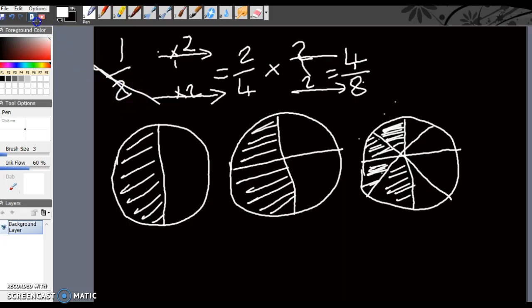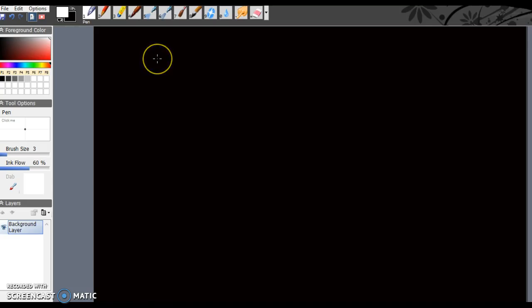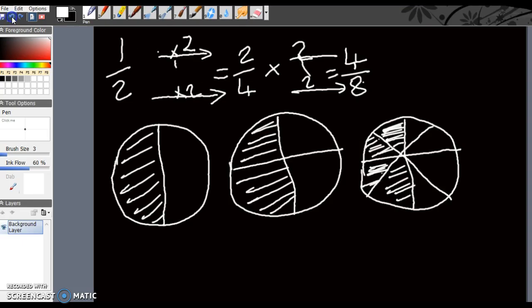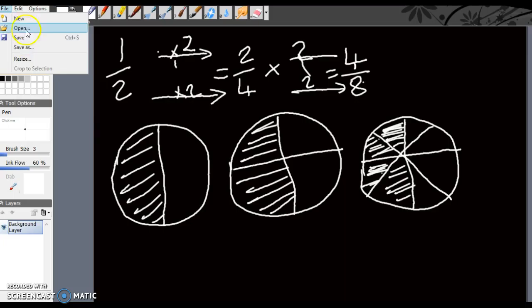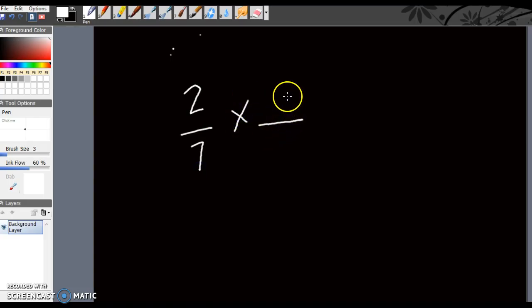It looks like we're done with the first example. Let's go and do the second one. Okay, this time we are going to use only numbers. If I have the fraction 2/7, I'm going to apply the concept that I understood from before.